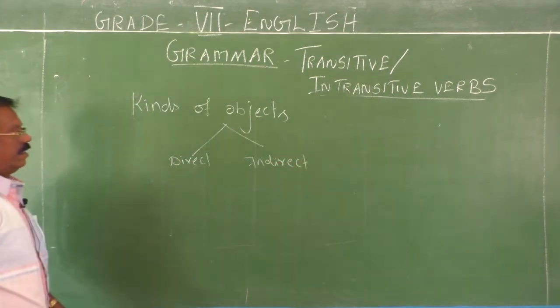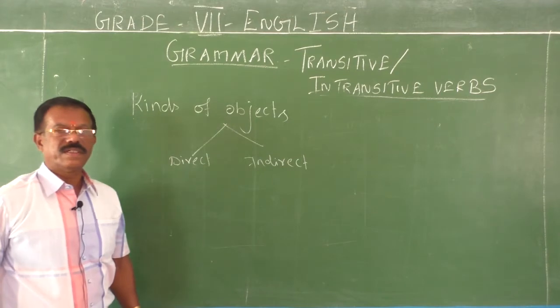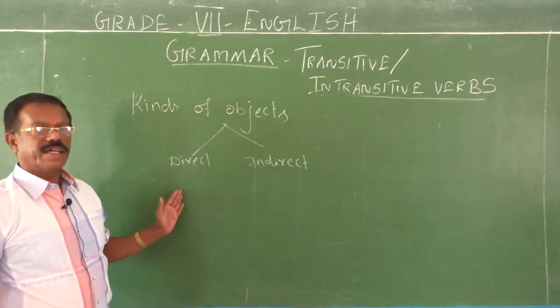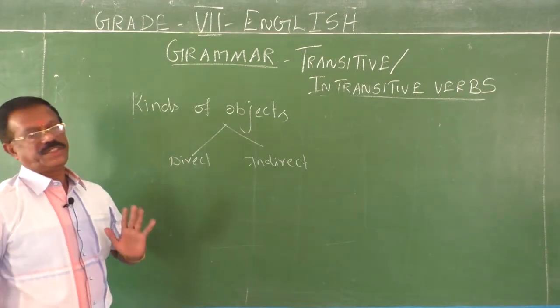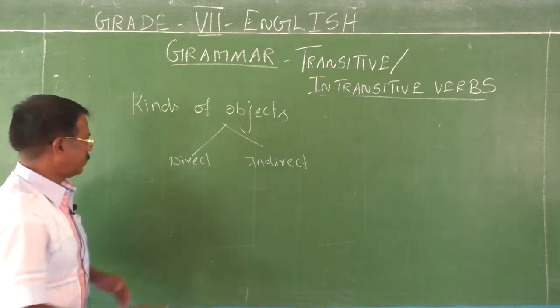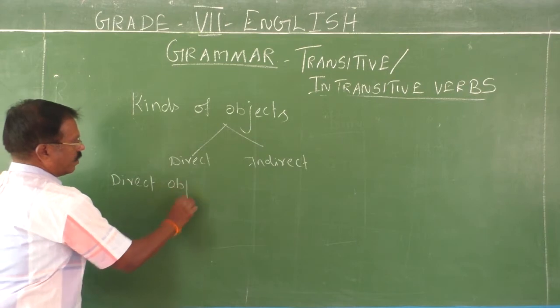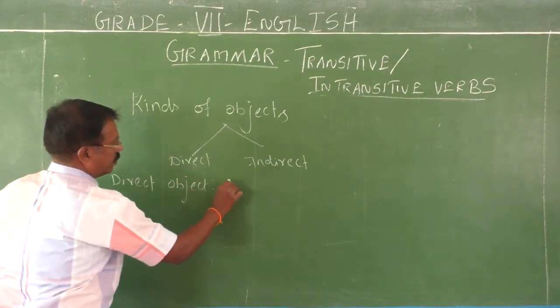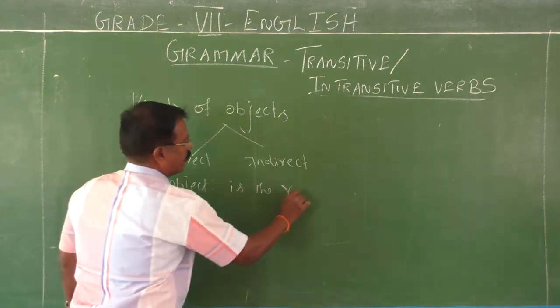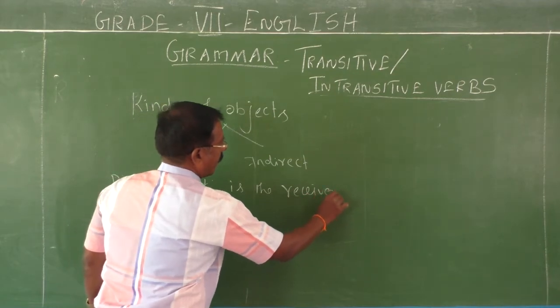Okay, what is direct object? Direct object is the receiver of the action. Direct object, let me write. Direct object is the receiver of the action.